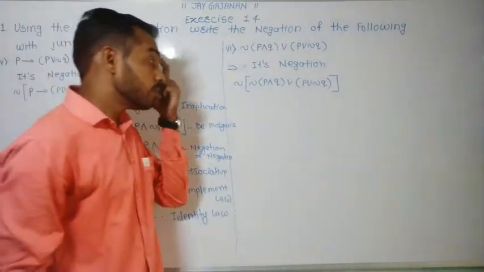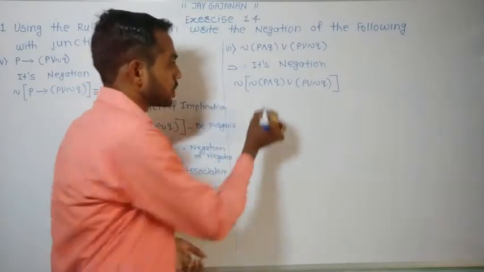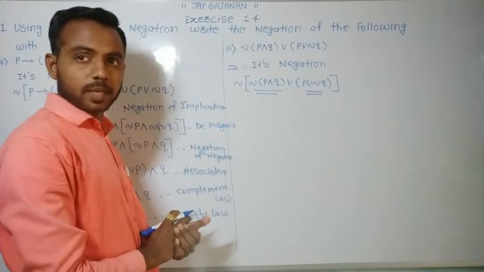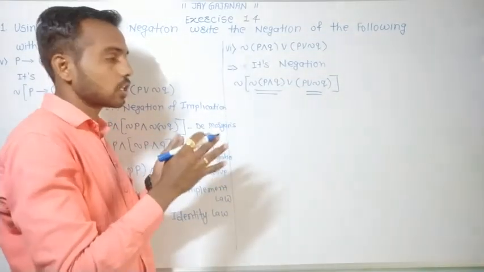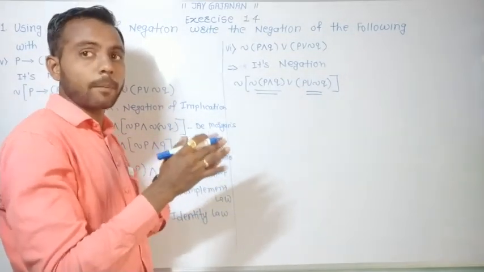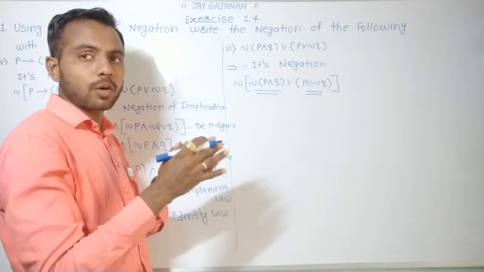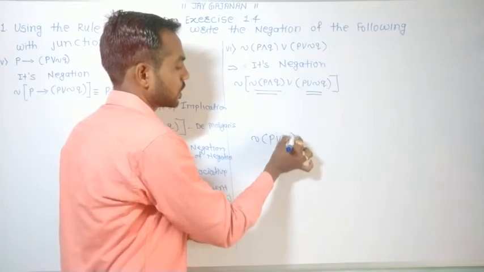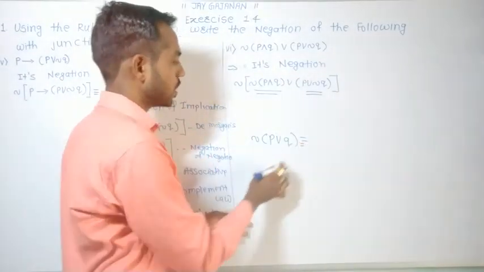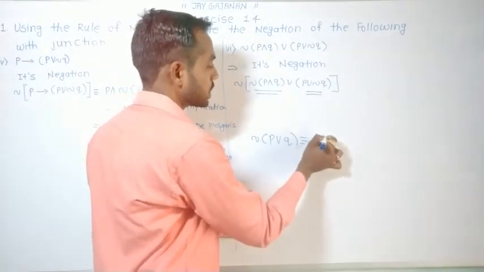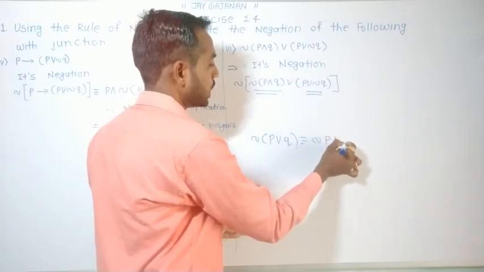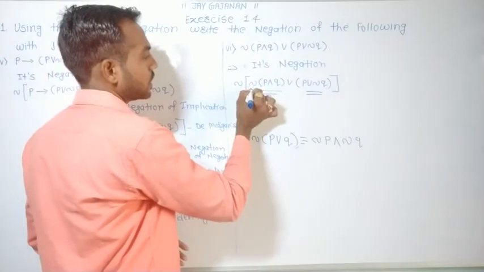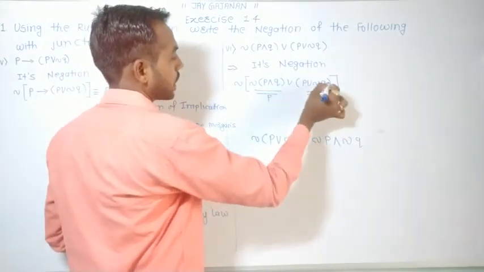Let us see here, negation of this term or this term means negation of first or second. Negation of P or Q means, by De Morgan's law, negation of P and negation of Q. Here P means this term and Q means this second term.